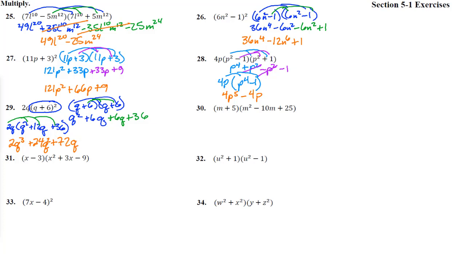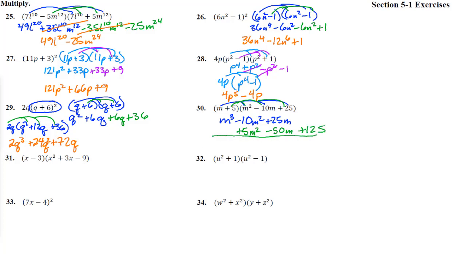All righty. The next one, number 30. Oh, we got to jump the m into all three of these. So we get an m to the third power minus a 10m squared plus 25m. Binomial times a trinomial, we're going to end up with 6 terms down here at the bottom. Okay, take the 5 and jump it in, and we get plus 5m squared minus 50m, and then plus 125.